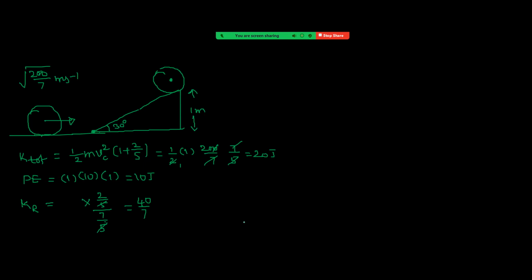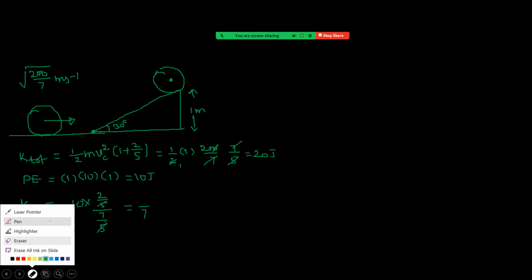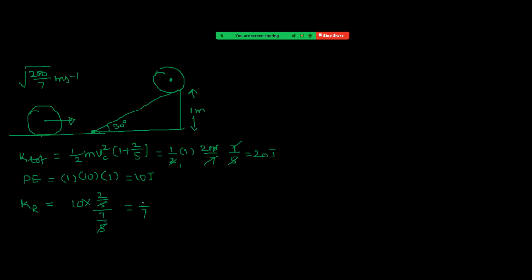At the highest point, kinetic energy is only 10. 10 means how much? It is 10 by 7, right? So rotational kinetic energy is 10 by 7 Joule.